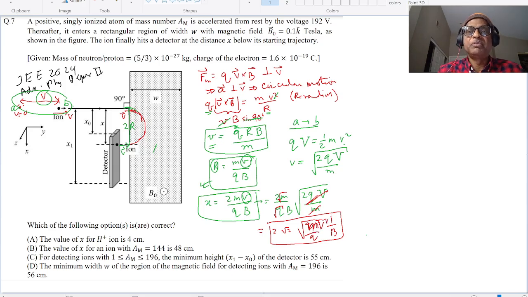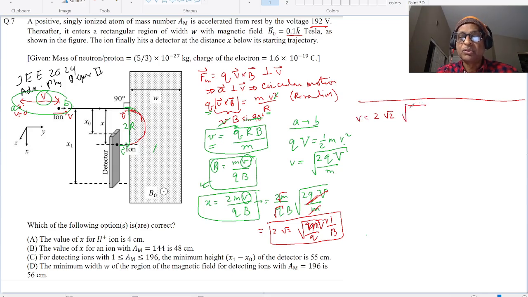So now we have the values given, 192 and 0.1. Let's compute these values and then we can answer this question. So x is equal to 2 square root 2 times the square root of m V over Q, times 1 over B. In this particular problem, let's leave m alone.